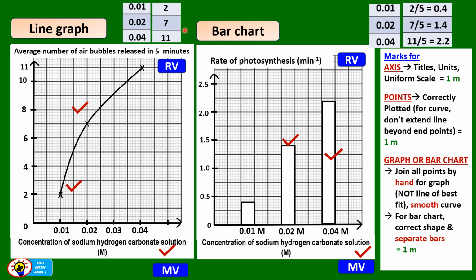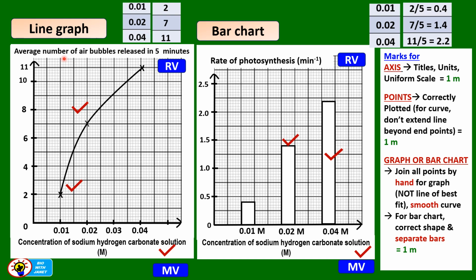Now, for the graph, you may be asked to draw a line graph or a bar chart. In this case, line graph, how to draw it? Normally, they will ask you to find the average number of air bubbles released in 5 minutes for maybe about 2 or 3 values of MV only, not more than that, probably.